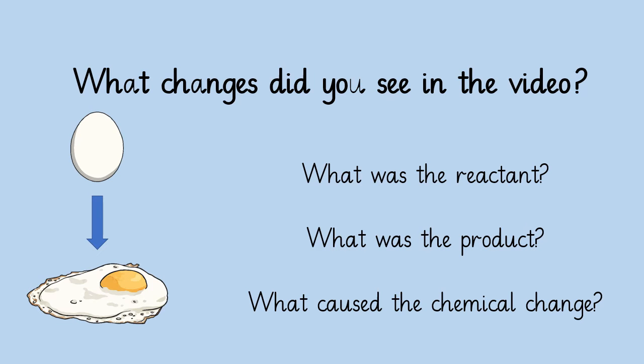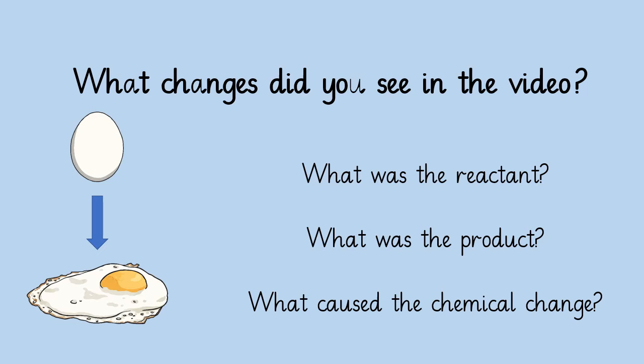So what changes did we see in the video? Well, what was the reactants? Can you remember? Well, to begin, we had a raw egg. And then later on, we had flour and sugar and water. What were the products? Well, with the egg reactant, we still had the same egg, but the egg had a different physical structure. It was a lot firmer.